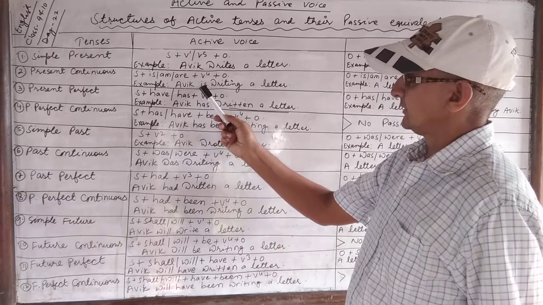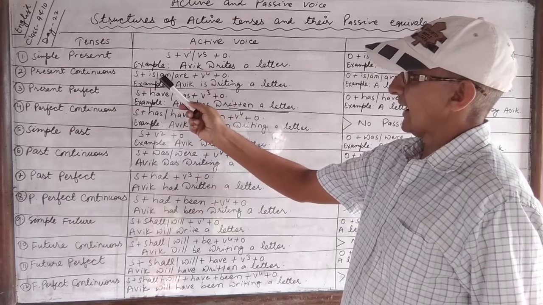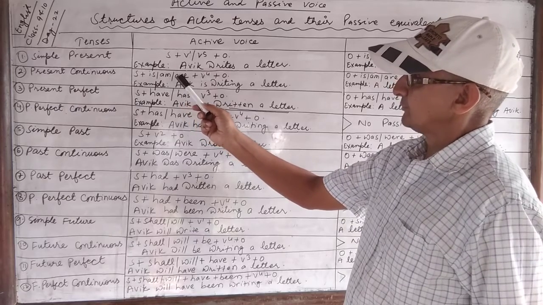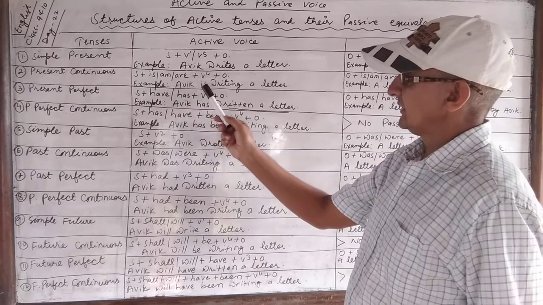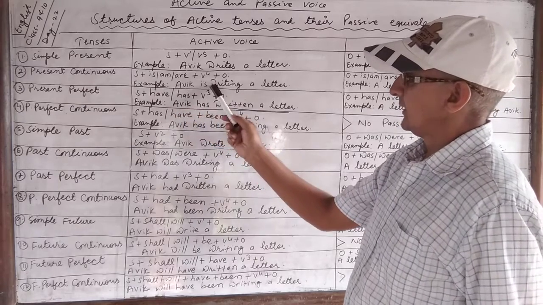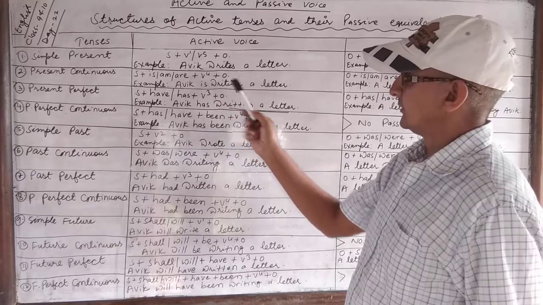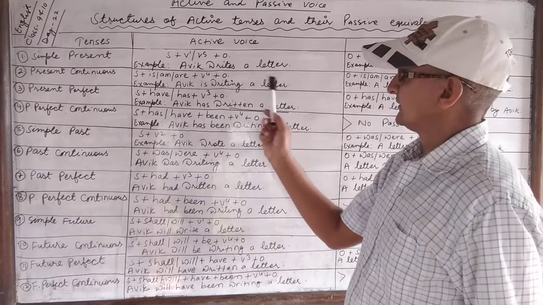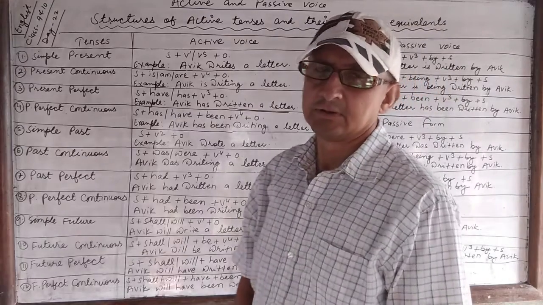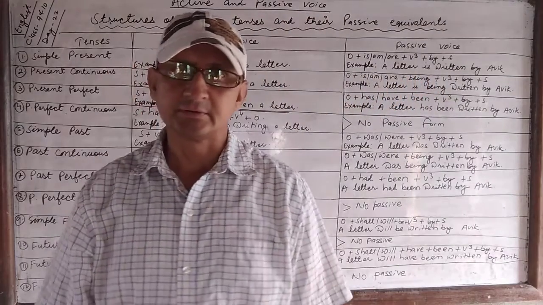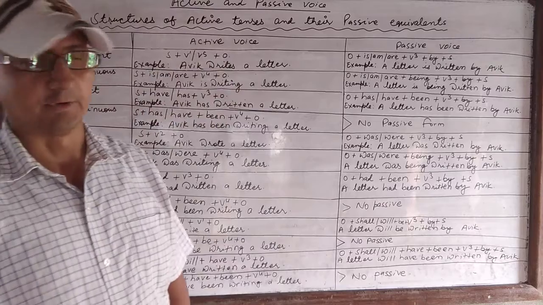With singular subject we use is. With I we use am. And with plural subject we use are. Avik is subject, is is be verb, writing is V-ing, and a letter is object. This is the structure of present continuous tense in active voice.